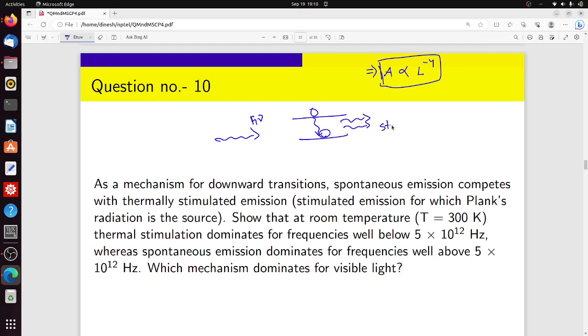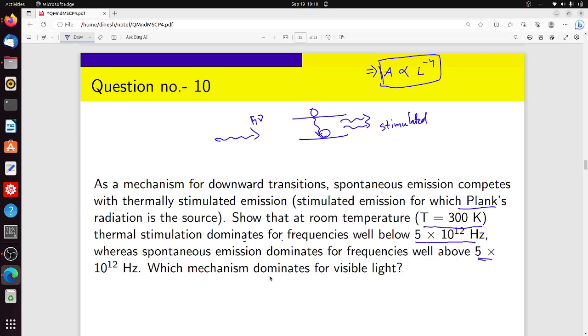This is stimulated emission, right? This happens in the presence of this Planck radiation. Then at room temperature, that means at T equal to 300 Kelvin, the thermal stimulation dominates for frequencies well below 5 into 10 to the power 12, whereas the spontaneous emission dominates for frequencies well above this.